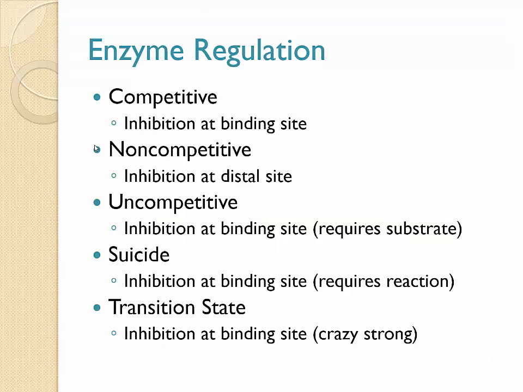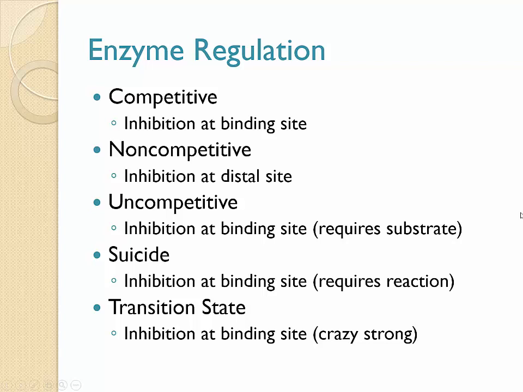So now that we know enzymes can be inhibited and we've seen a little bit about feedback inhibition, it bears mentioning that there are many types of enzyme regulation, not just feedback. And these are competitive, where we have inhibition at a binding site, non-competitive, where we have inhibition at some allosteric or distal site, uncompetitive, where we have inhibition at the binding site, but that requires the substrate to be present.